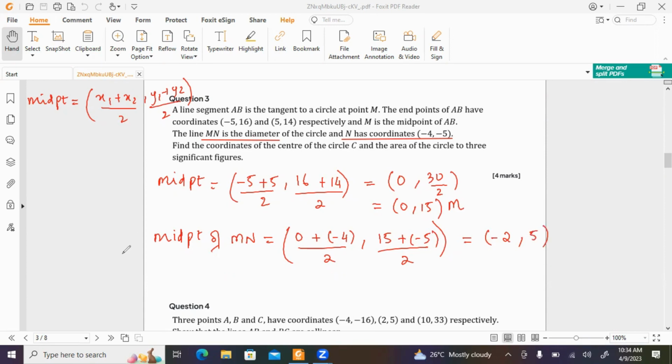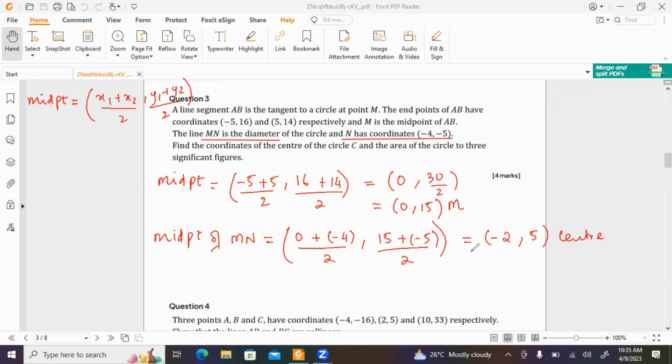So this is basically the coordinates of the center, because if MN is the diameter, then this is your center. Then it says, and the area of the circle to 3 significant figures.